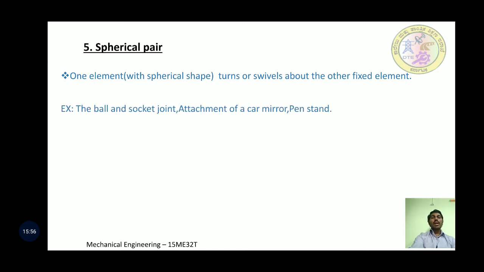The ball and socket joint, attachment of a car mirror, pen stand. So these are all the examples of a spherical pair. This diagram shows one element is fixed, the other element of spherical shape turns or swivels about the fixed element.